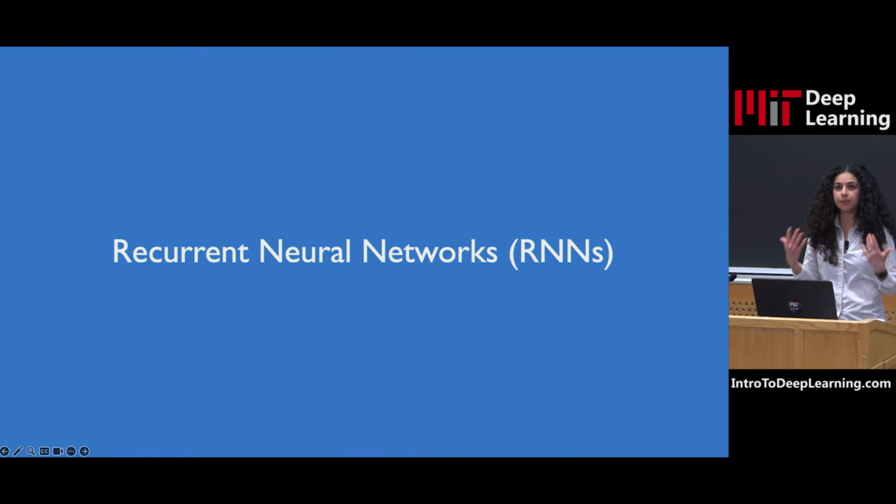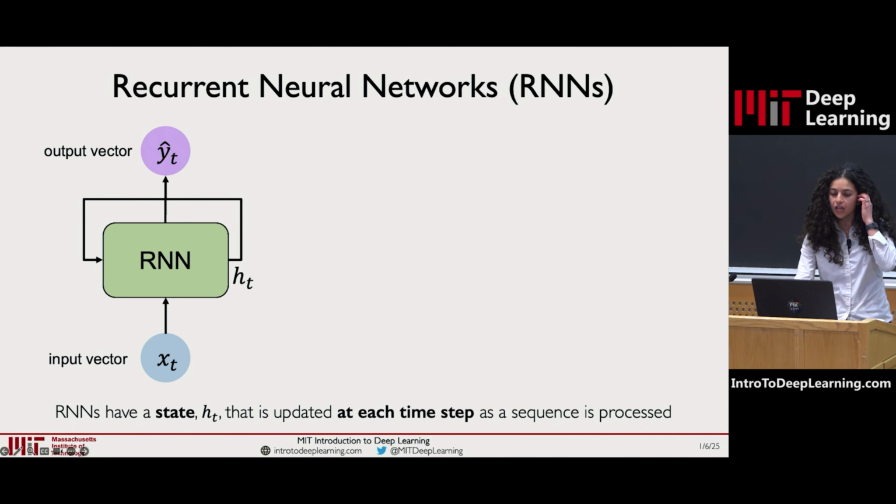So let's keep going, right? Let's continue to build from this foundation and now start to get a little bit more formal about the operations that go into the internals of these recurrent neural networks, or RNNs. As we started to see, right, the key idea is that we have this internal state, h of t, and that state is going to be updated at each time step as we process the sequence.